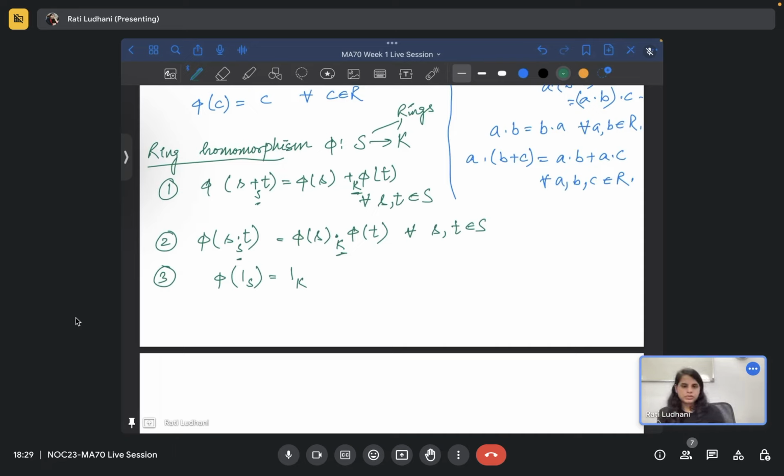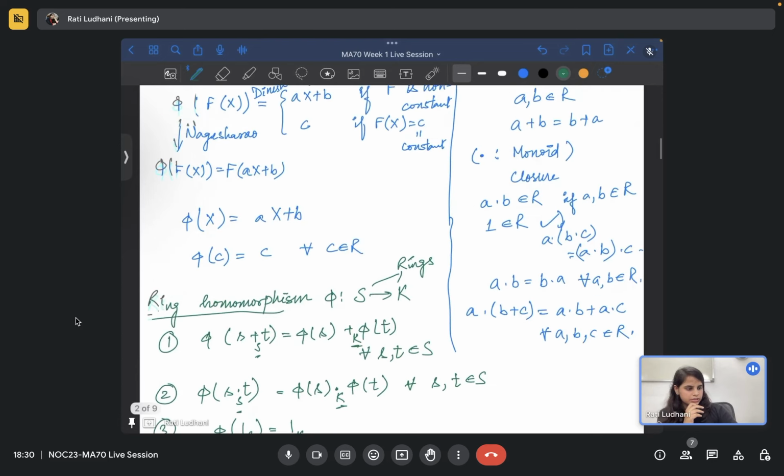So we will not write it again and again. These three properties should be satisfied. This is the multiplicative identity in the ring R, and this is the multiplicative identity in the ring S, identities in the respective rings. So these three properties we need to make sure are satisfied.